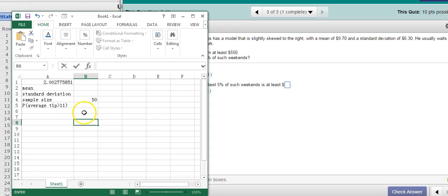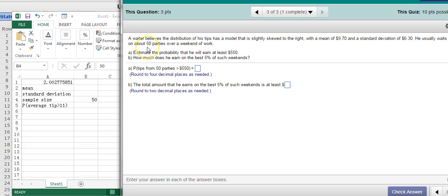We know that the tip has a given mean and standard deviation, and the sample size is 50. Because the sample size 50 is greater than 30, the average tip is going to have a normal model.